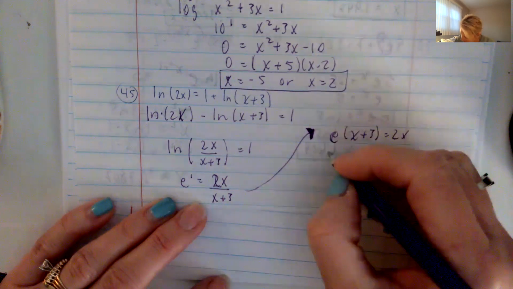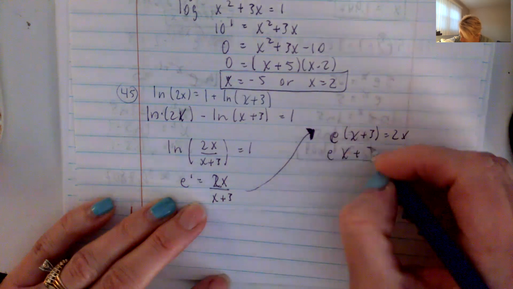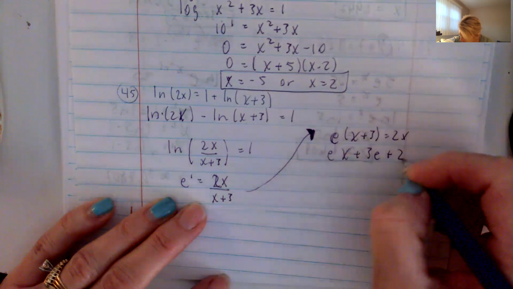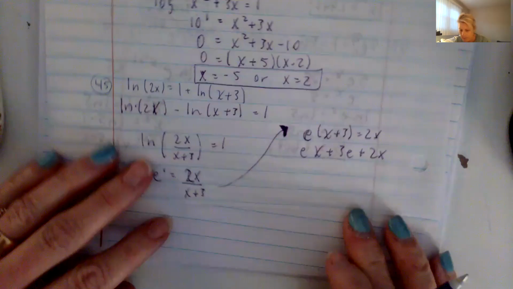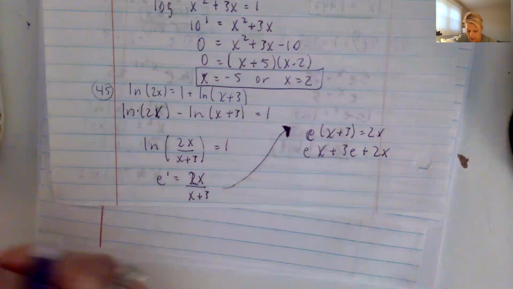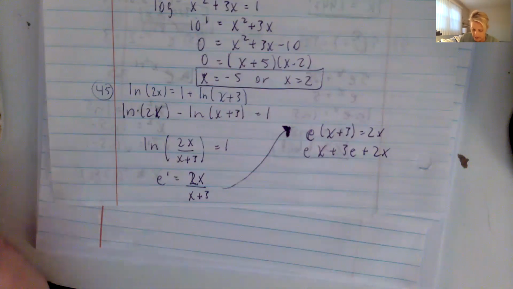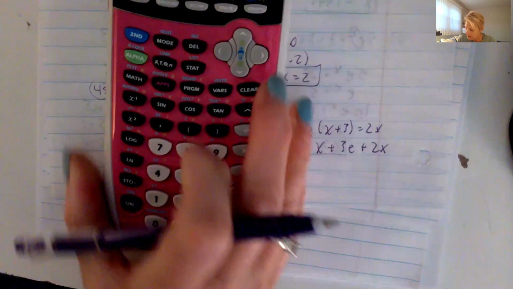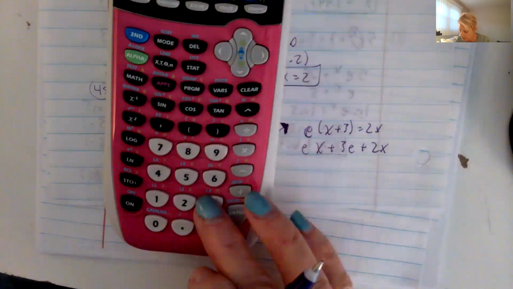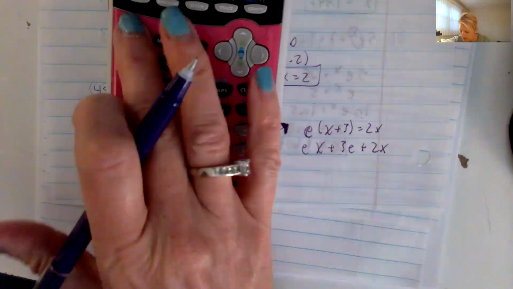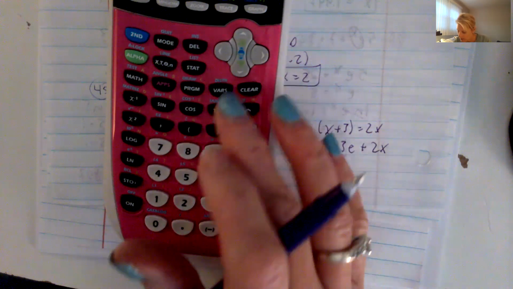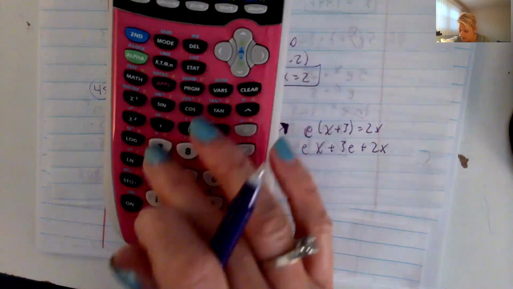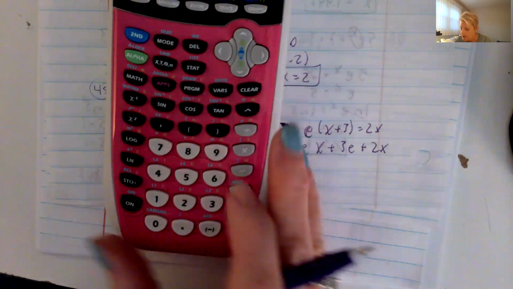So we've got e times x plus 3e equals 2x. e is just that natural number, so we could just multiply, get 3 times e to the 1.